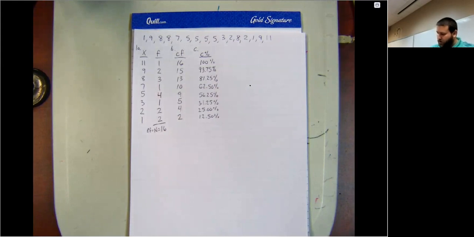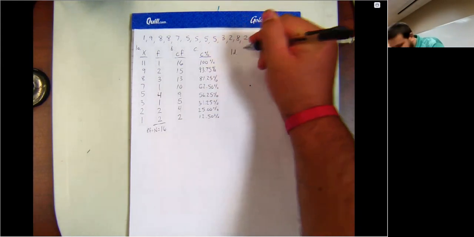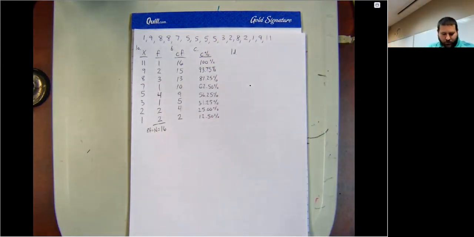All right, so we've done 1A, B, and C. Now 1D says, what percentage of the distribution scored 5 or lower? Okay, well, first of all, it said what percentage. So we need a percentage or a cumulative percentage. But when it says 5 or lower, we need a cumulative percentage, right?